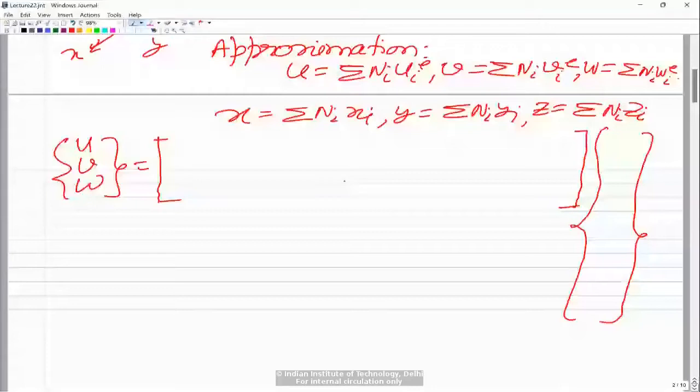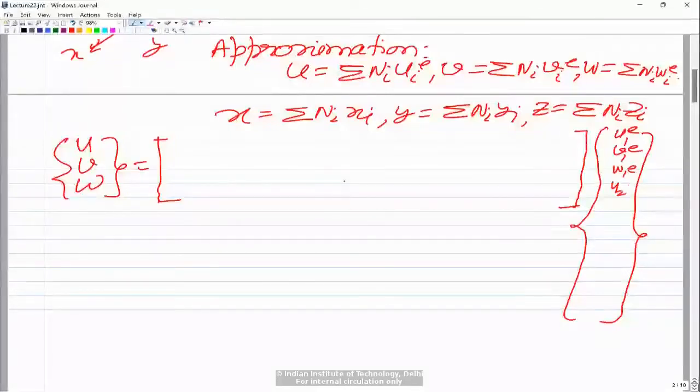And those degrees of freedom are u1e, v1e and w1e for the first node, then for the second node u2e, v2e, w2e, and like that you have to go up to 8. So finally we'll have u8e, v8e, and w8e.